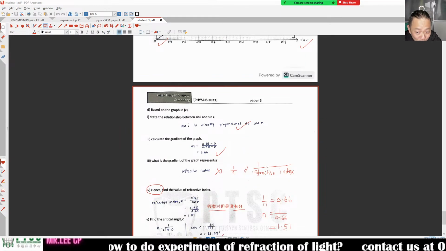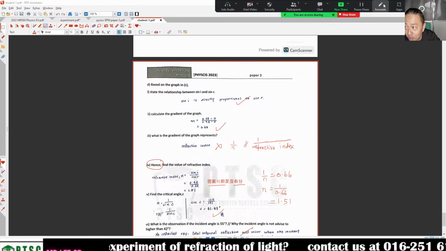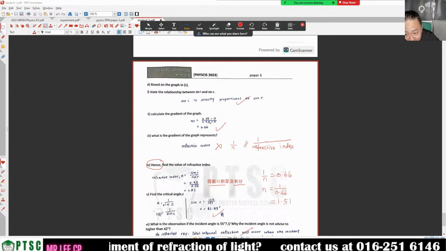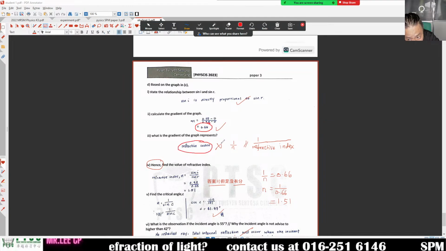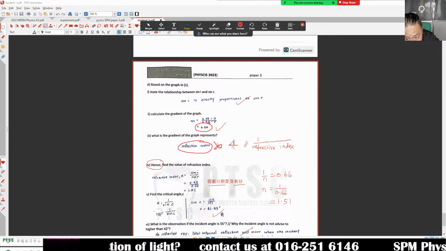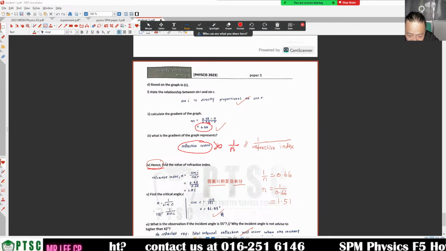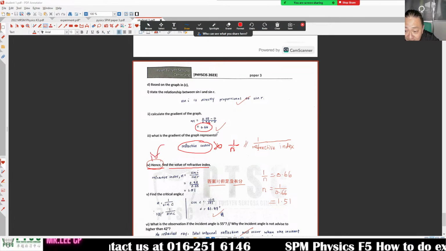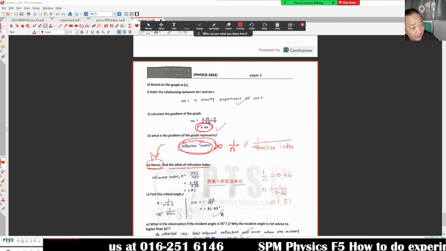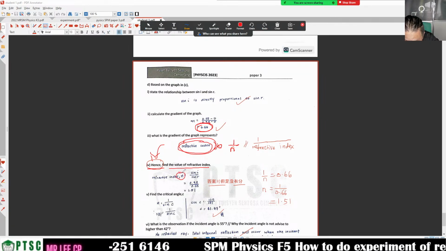That's why I do two sets of questions for you. See, one more time, if you do this kind of question, your n is this one, this is wrong, so your answer should be 1 over n. If the question says, hence find the refractive index, hence means you have to use the answer from here and here. If you don't write 1 over n, I don't see 1 over n.